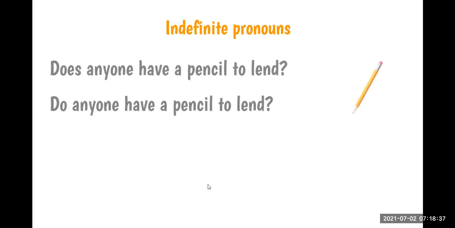Okay, so here we have two sentences, two questions. Does anyone have a pencil to lend? Do anyone have a pencil to lend? Which of these do you think is correct? Which is the correct one? I think the first, teacher.